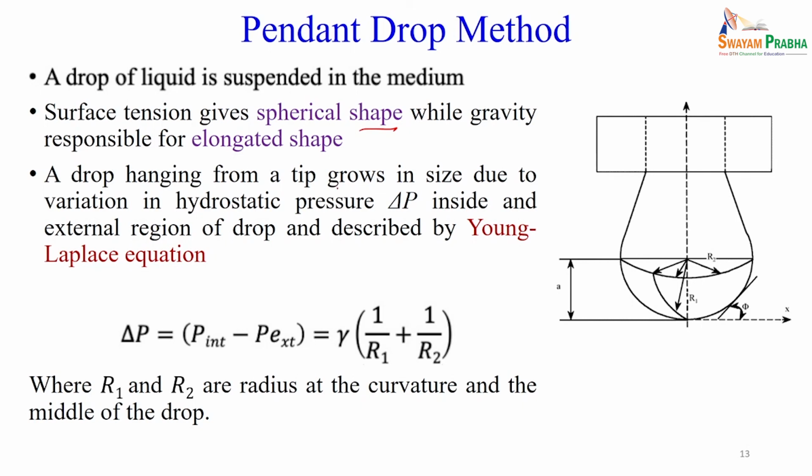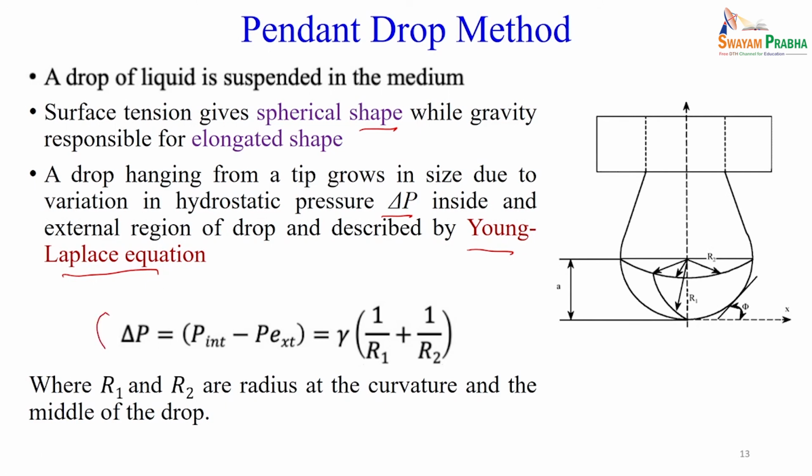And the drop hanging from the tip grows in size because of the hydrostatic pressure difference inside the drop as well as the external region of the drop. And because of this pressure difference, we can calculate the surface tension using the Young-Laplace equation.